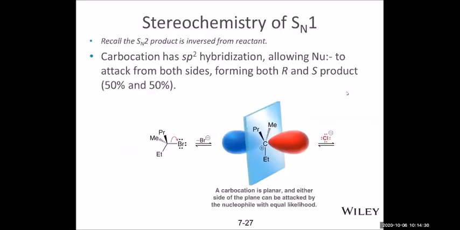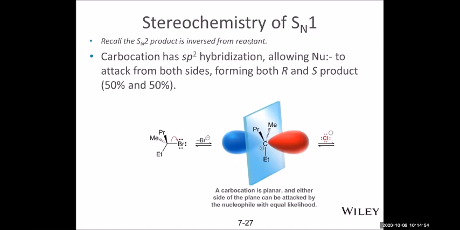The SN1 reaction stereochemistry, the spatial relationship of the final product, is different from SN2. SN2 is inversion because the nucleophile attacks from the other side of the carbon to kick out the leaving group.